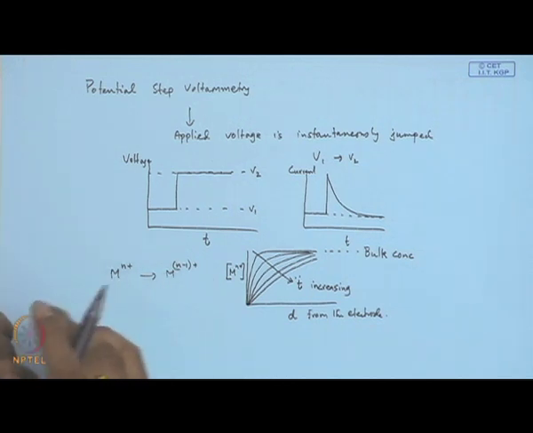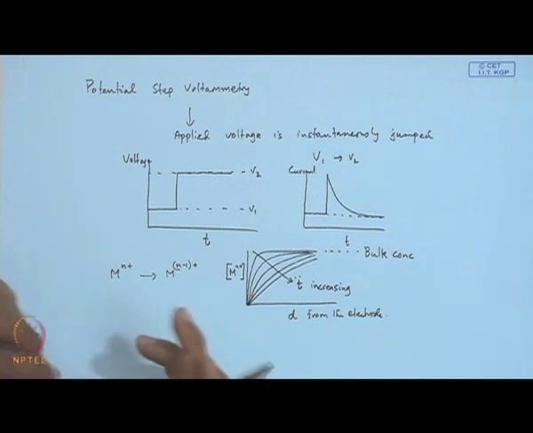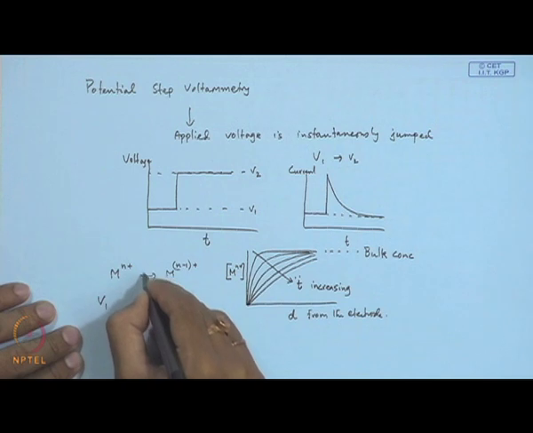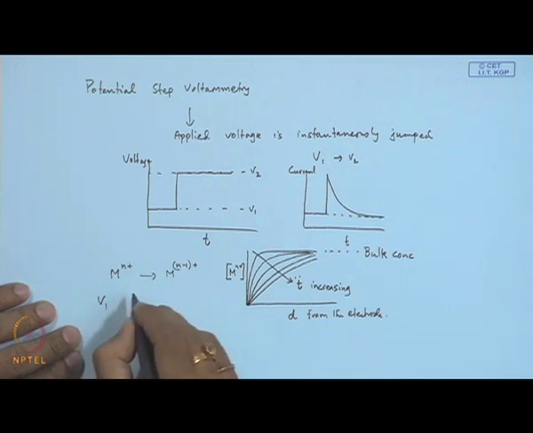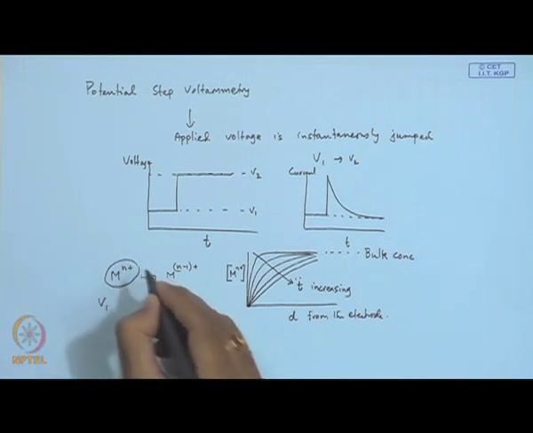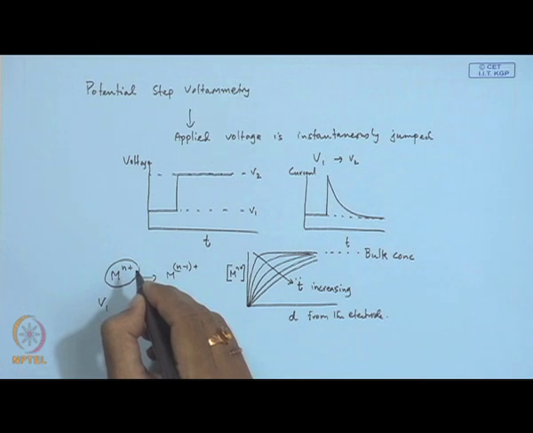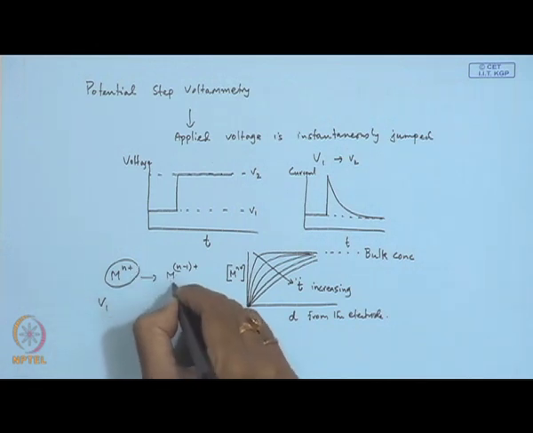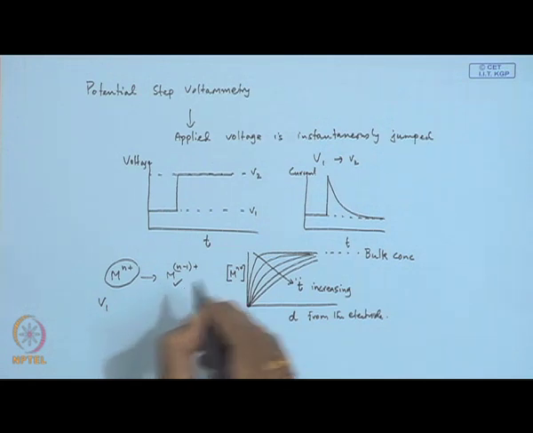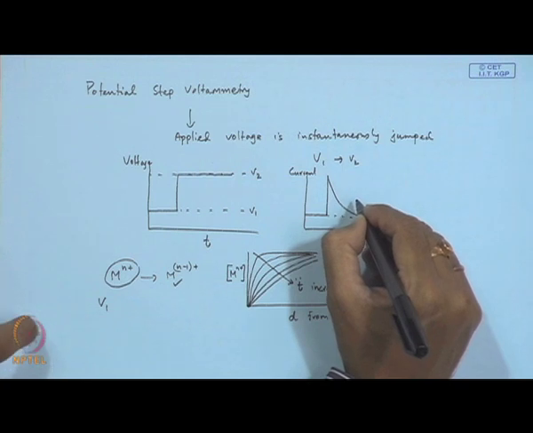The initial voltage V1 is set such that this is not happening, and the second voltage is selected so that the ions which are very close to the electrode are converted to the corresponding reduced form. So this is the corresponding current response.